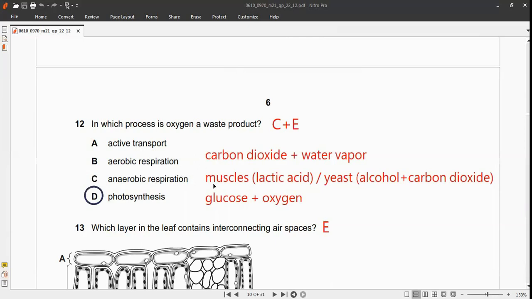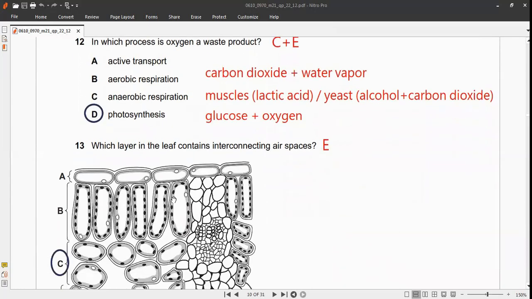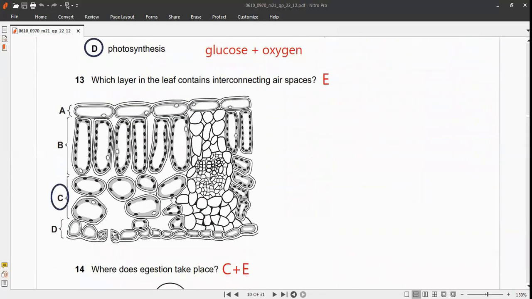Anaerobic respiration: in muscles, lactic acid, and in yeast, alcohol and carbon dioxide. So the correct answer is D, photosynthesis, because in photosynthesis the waste product is oxygen. Which layer in the leaf contains interconnecting air spaces? Okay, let's see.